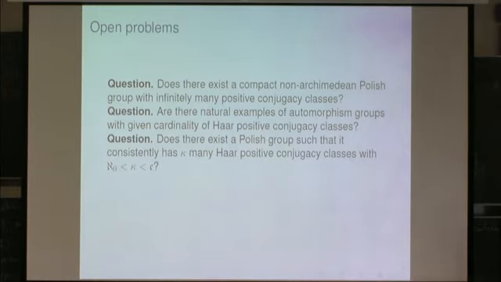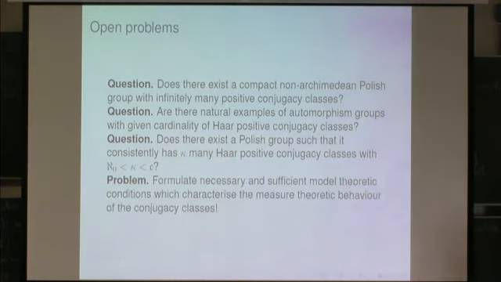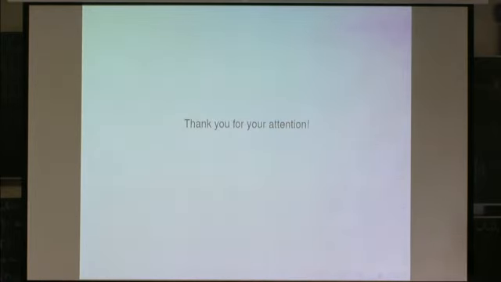And also, the most interesting question for set theorists, I guess, is that we don't know whether it can happen that there are kappa many Haar positive conjugacy classes with kappa between Aleph 0 and continuum. Okay, and finally, the ultimate aim of this research, I think, is to prove a Kekris-Rosendahl-like result to turn this behavior to relevant model theoretic conditions. Okay, that's all. Thank you very much.